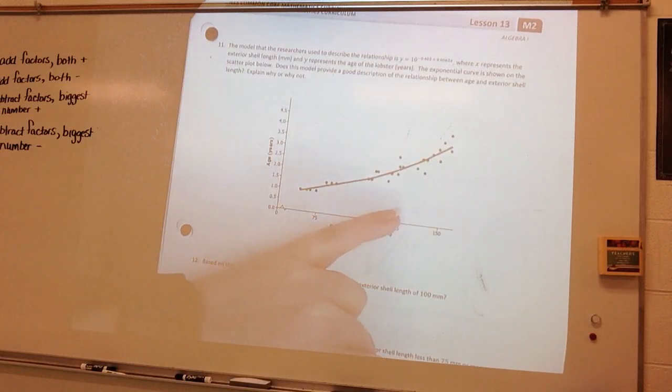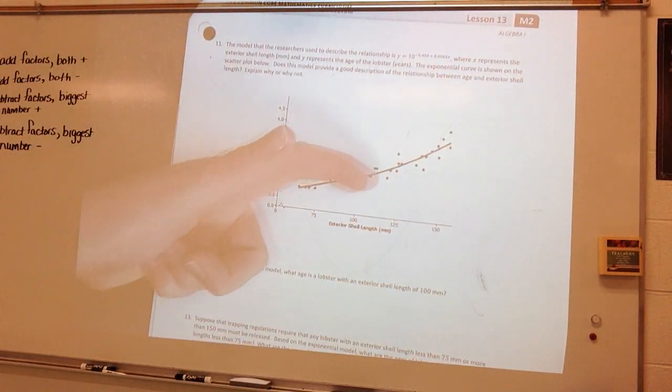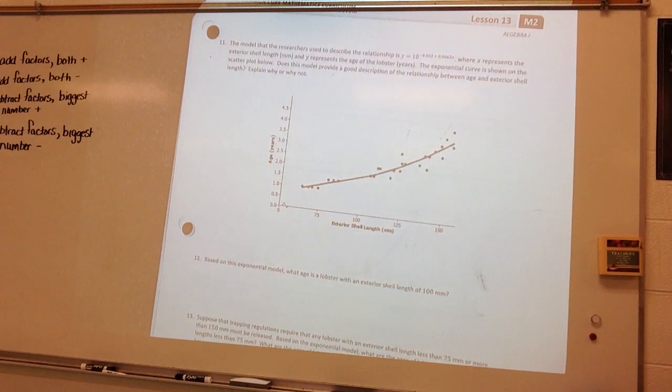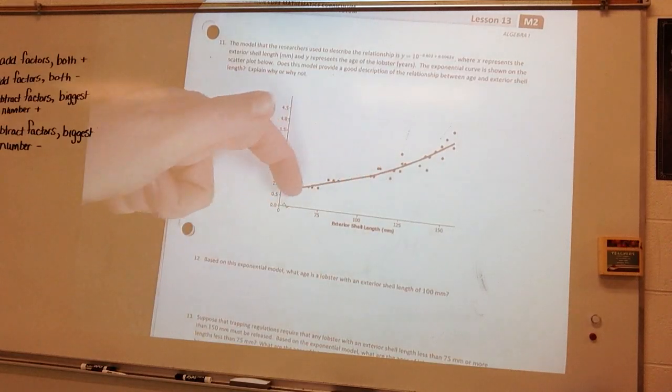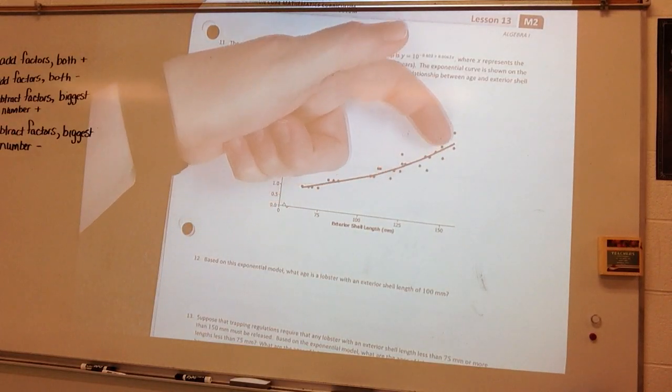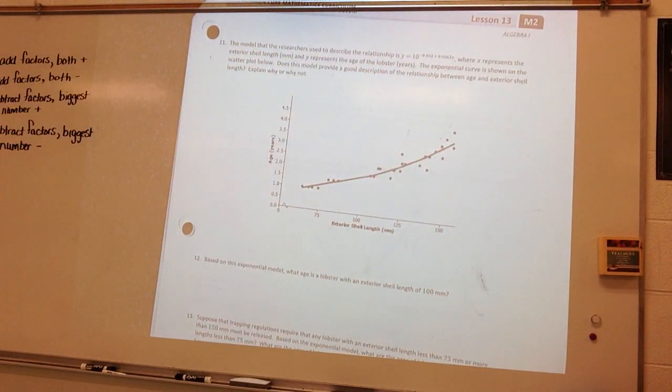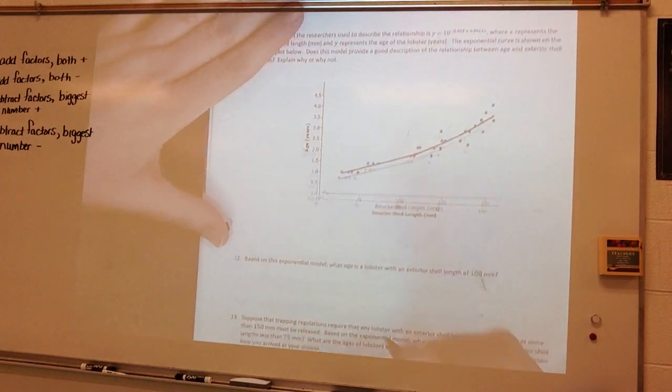So does the line that they have drawn, the exponential curve that they have drawn, does it do a good job of describing that relationship? Well, it is close to the majority of the points, so the model does a good job of describing the relationship.